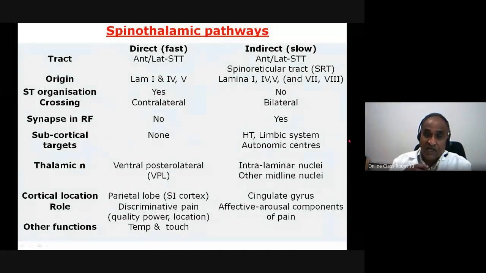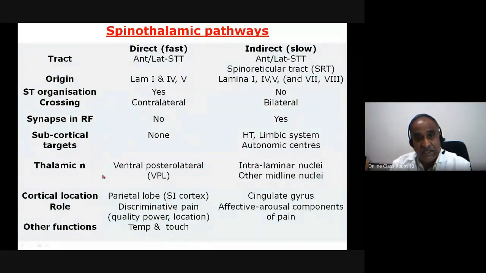That is why whenever there is activation of the spinothalamic tract, whether by pain, thermal sensation, crude pressure or touch, it brings about changes in autonomic responses mediated through the hypothalamus and the limbic system.